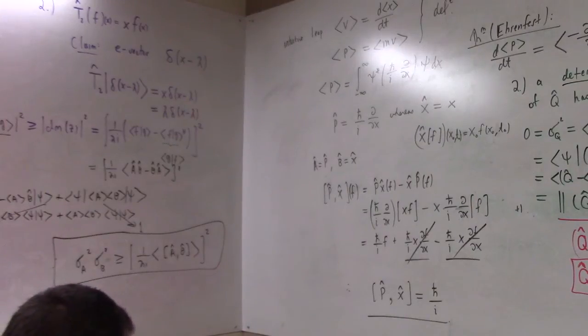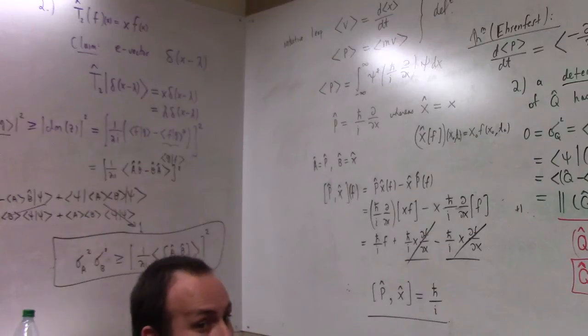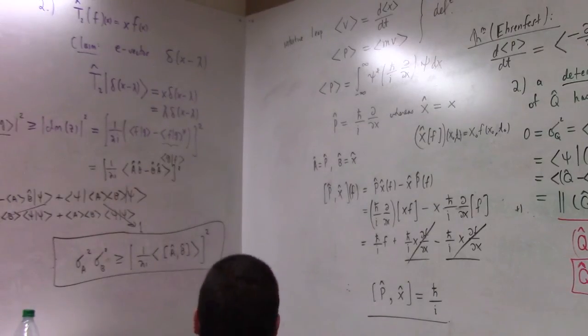Do you guys have any questions about that calculation there? So what's this say? This brings us to Heisenberg's uncertainty principle. This is the Heisenberg uncertainty principle that relates to position and momentum.